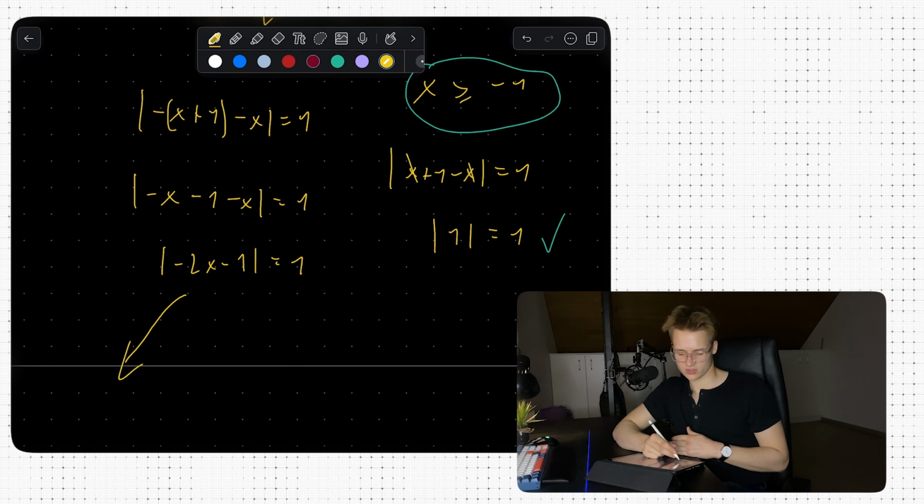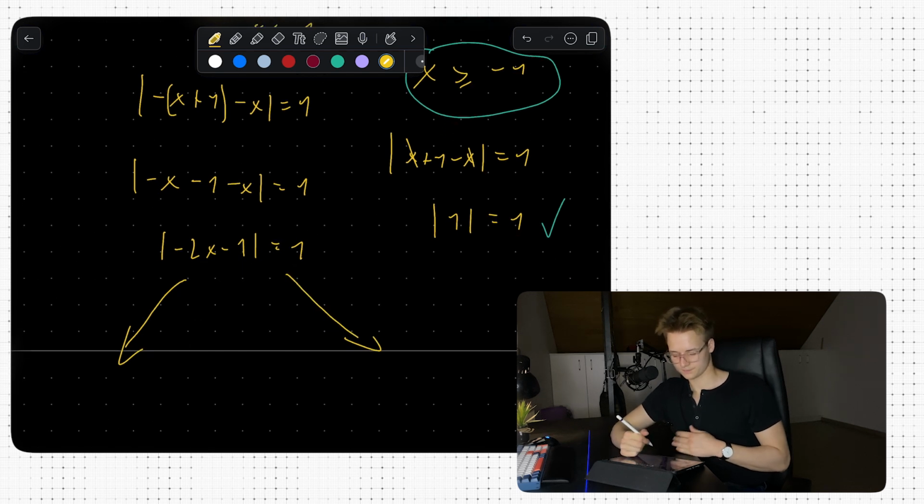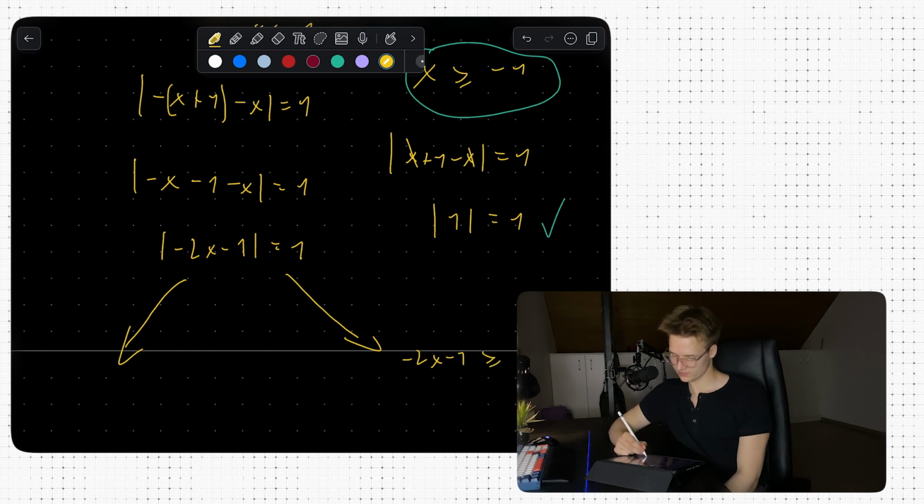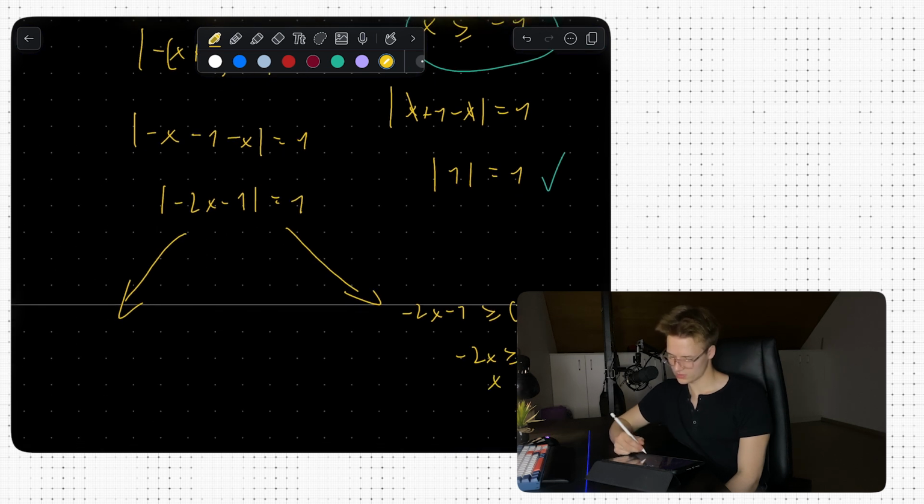Again, you just look at each case respectively. So when minus 2x minus 1 is greater than or equal to 0, minus 2x is greater than or equal to 1, x is less than or equal to minus 1/2.